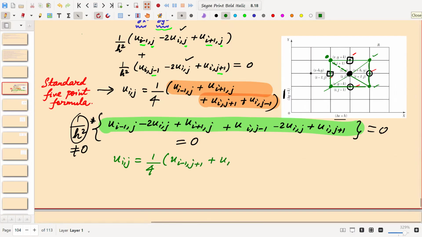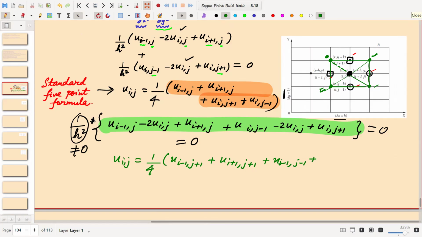Then the next point, this one: U i plus 1, j plus 1. Then this one: U i minus 1, j minus 1.